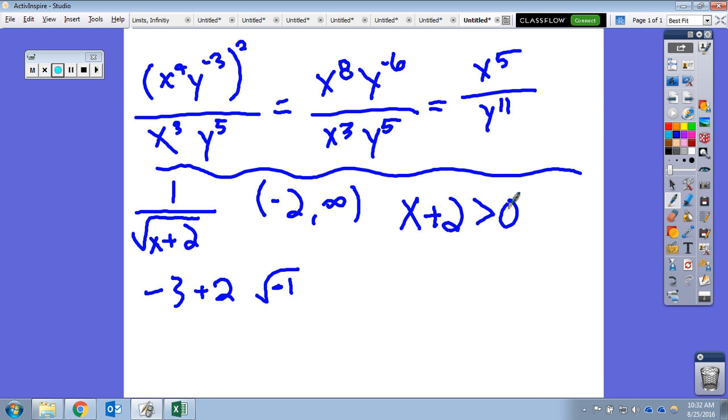So everything as close to -2 as you like, but not -2, to the right. The bracket is when we say it can be -2. That's the difference between the bracket and the parenthesis.